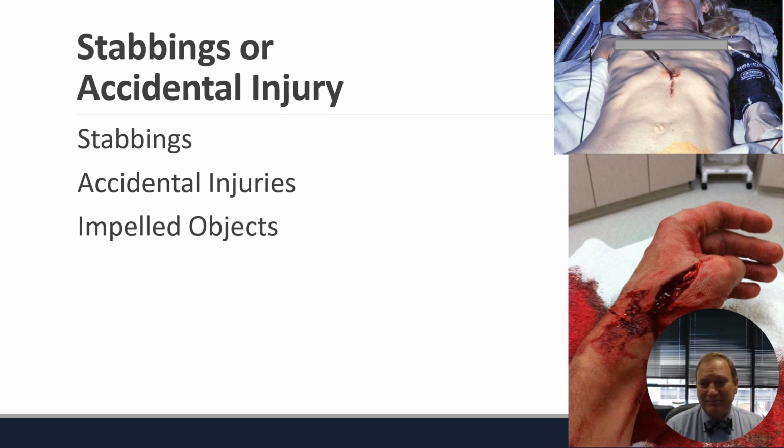I've actually seen, as the heart was beating, you could see the knife move at the same time the heart is beating, which tells you that the blade is somewhere lodged into the wall of the heart. We have to be very careful with those patients. We have to move them very quickly, but also very safely.